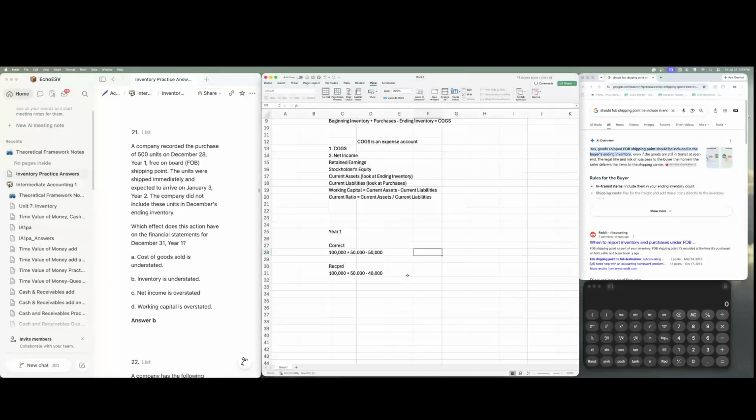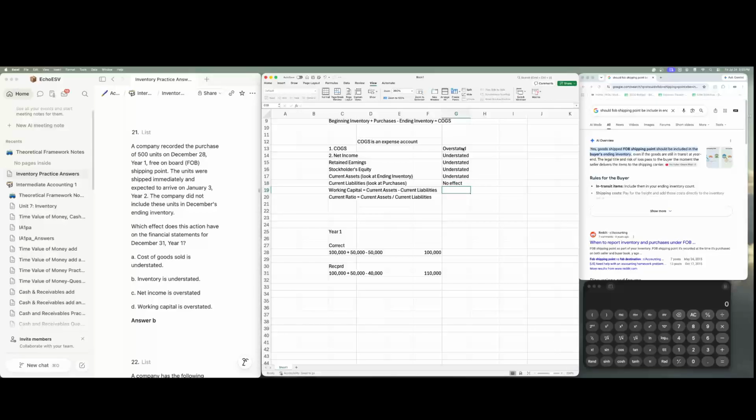So then that would mean that the cost of goods sold is overstated. So expenses are overstated, so net income is understated. The ending inventory is understated. And the purchases, no effect.